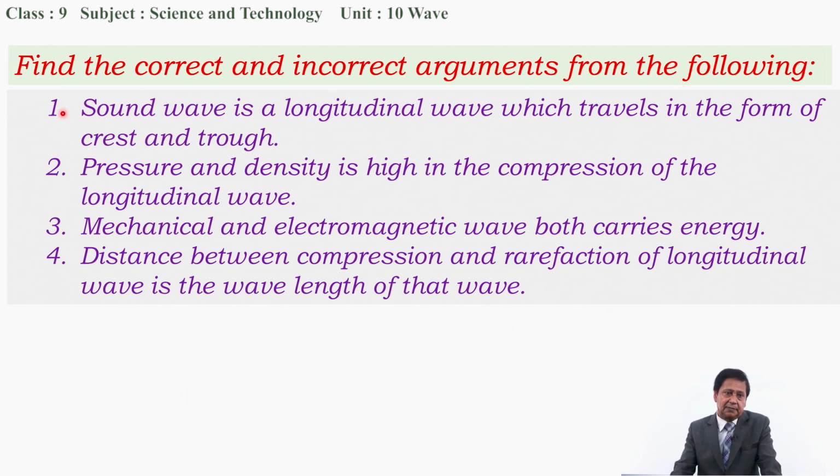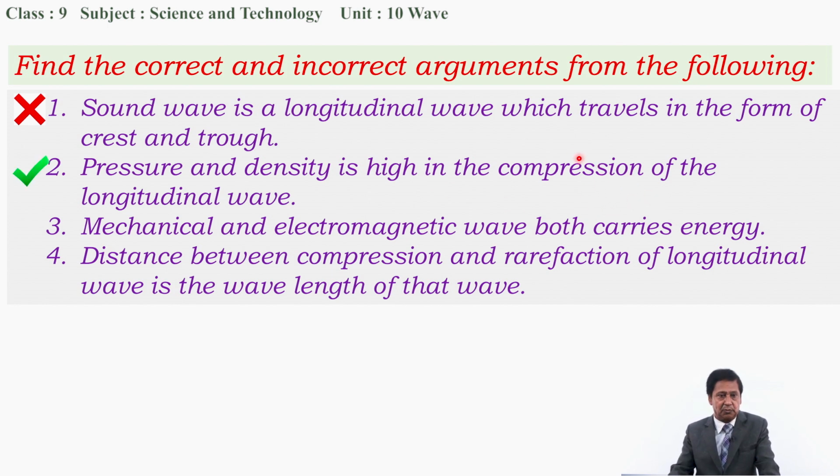Now check it out. Number 1, sound wave is a longitudinal wave. This is correct. Which travels in the form of crest and trough. This is incorrect. The later part is incorrect. That's why the argument is incorrect. Pressure and density are high in compression of the longitudinal wave. Yes, in the compression, particles come closer to each other. That's why pressure is high and density of the medium will also be high at that place.